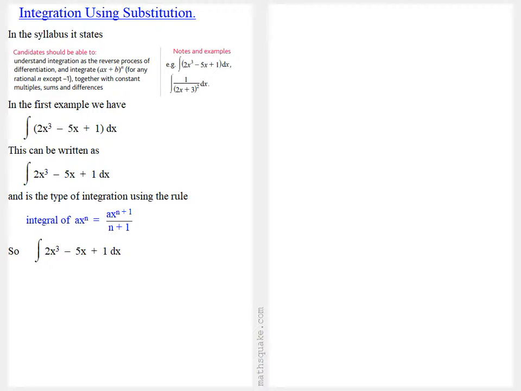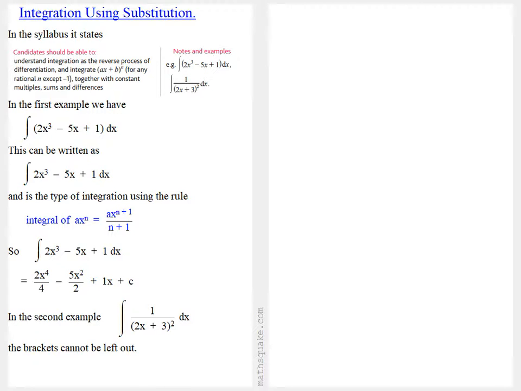So when we integrate the function, the 2x cubed becomes 2x to the 4 over 4, the minus 5x becomes minus 5x squared over 2, and the plus 1 becomes 1x, but we must, as always, remember to add a c.